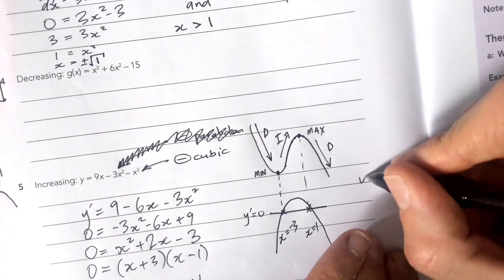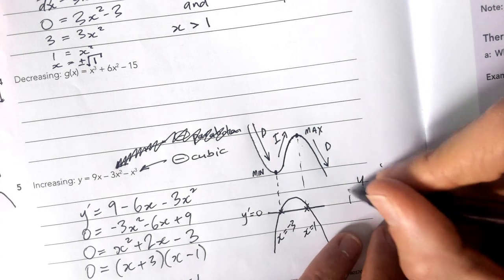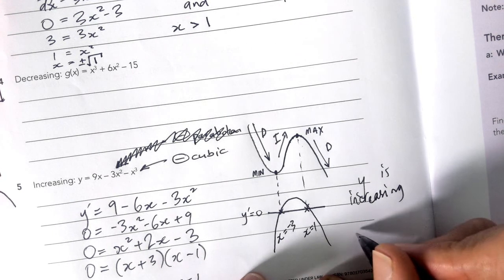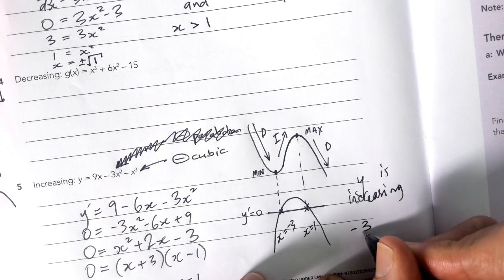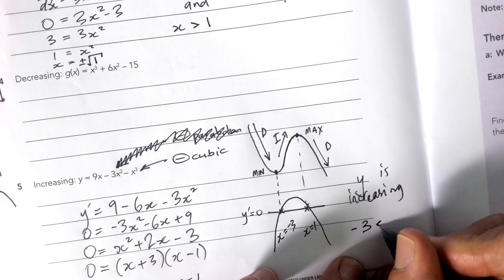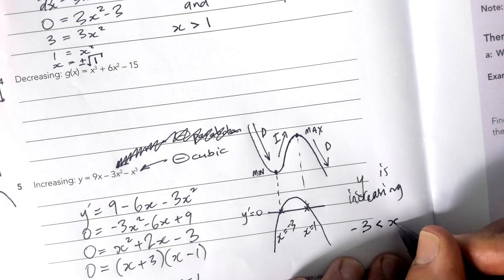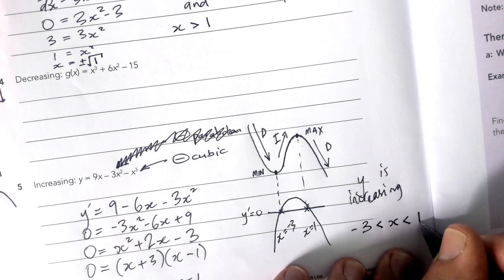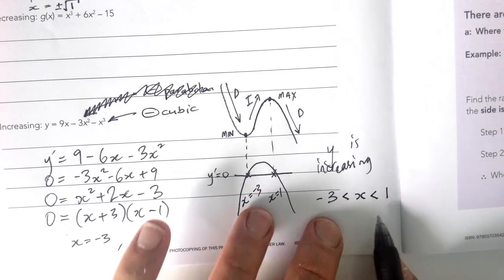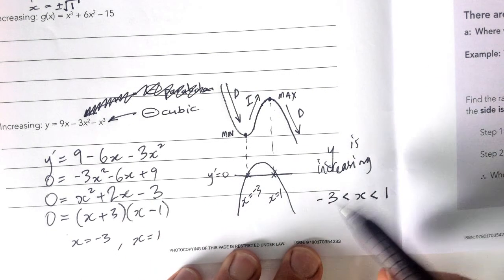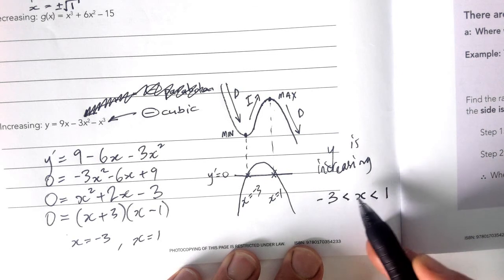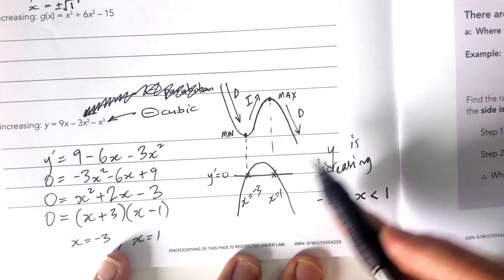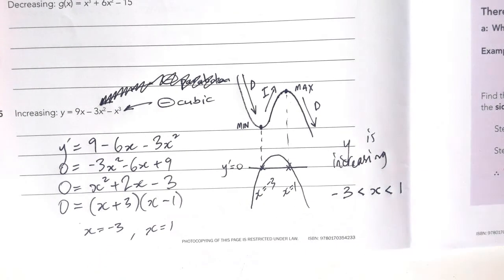So y is increasing, and we're going to go fancy, when negative 3 is less than x, but also it has to be bound by the fact that x needs to be less than 1. So see how this gets us a little bound, so that it's increasing from negative 3, and x is in between them, up until 1. So if x is between those two values, that is when it is increasing. Sweet, hope it helps.